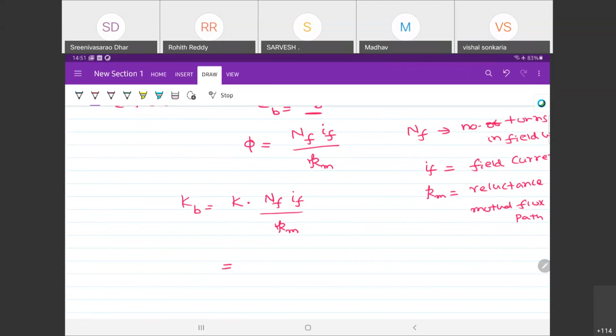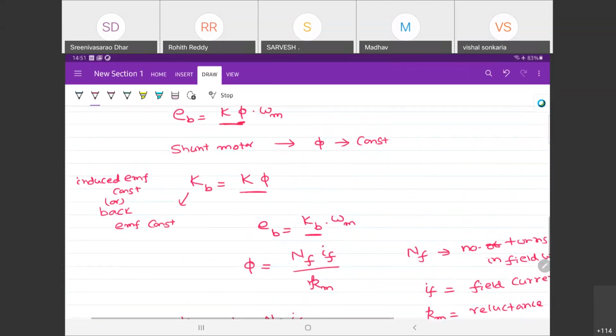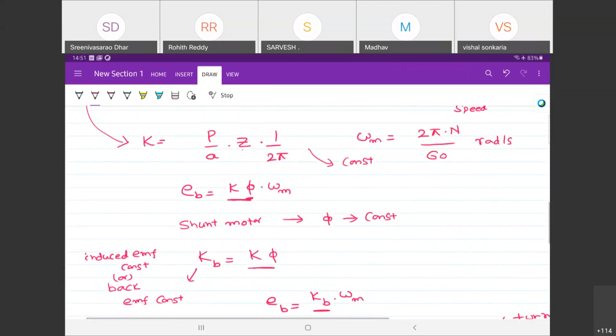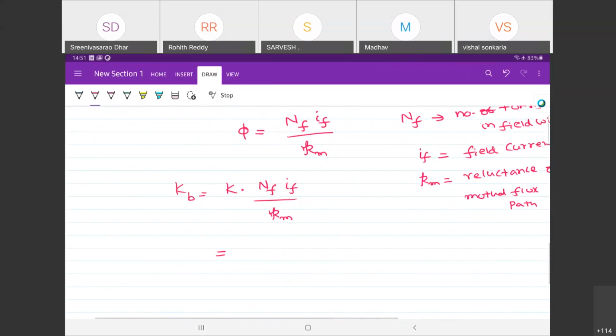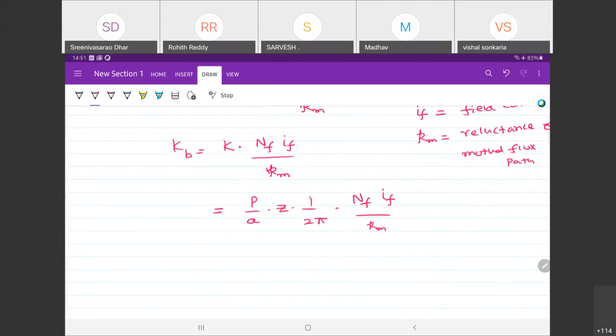We already derived this: K is P by A into Z into 1 by 2 pi. And this is NF into IF by the reluctance Rm. We will rearrange this.